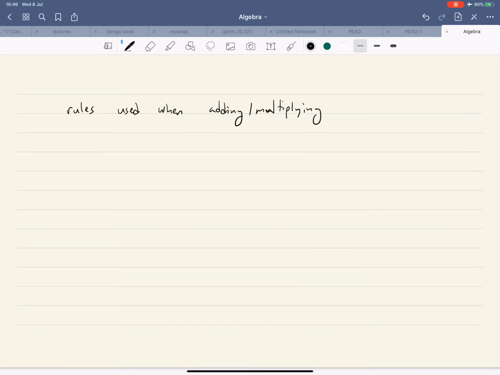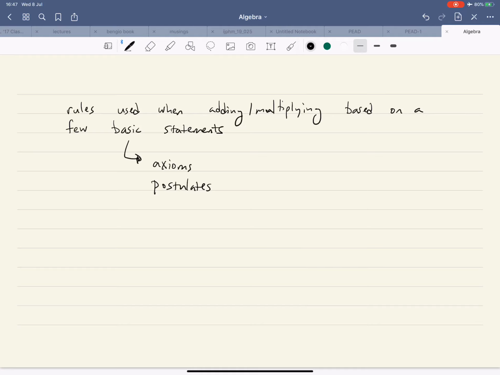So our rules for addition and multiplication are based on a few basic statements. These basic statements are also called axioms or postulates.